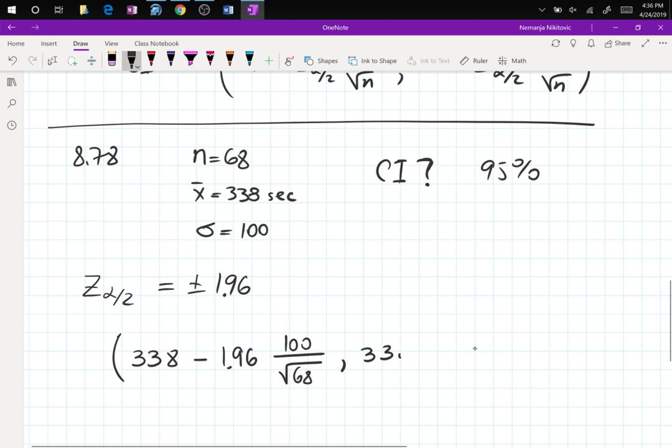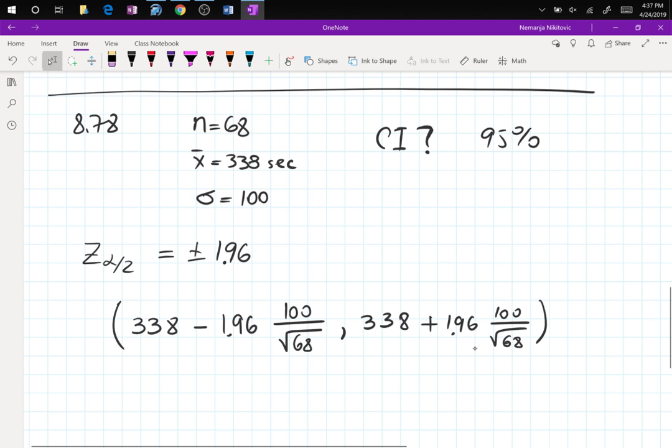And then for the upper limit, it would be plus 1.96 times 100, divided by the square root of 68. There we go. So all I need to do is copy. First is the lower limit, because it's an interval, right?